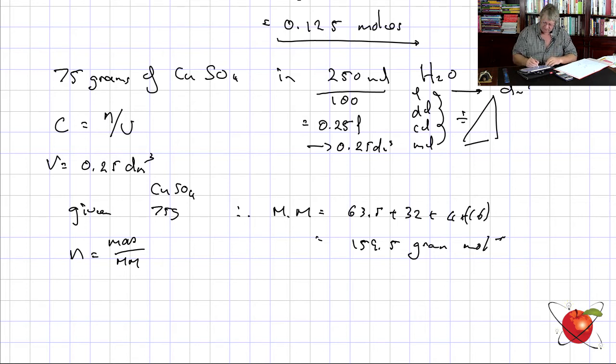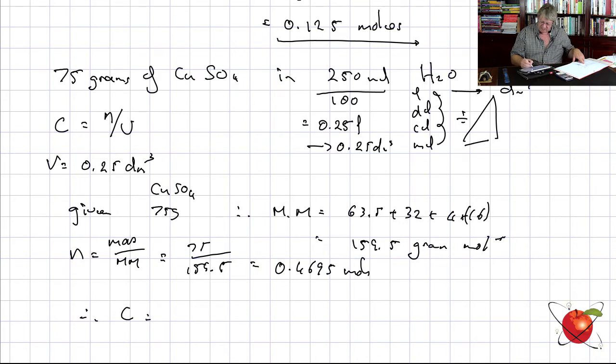Now we're going to work out number of moles. Remember, always get to moles. We're going to say 75 over 159.5, and that's going to give us 0.4695. Therefore, concentration is number of moles, 0.4695, divided by the volume, which is 0.25.